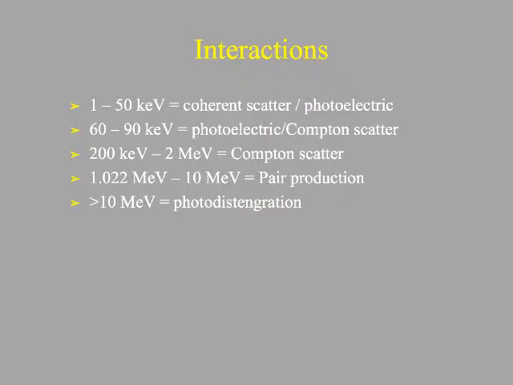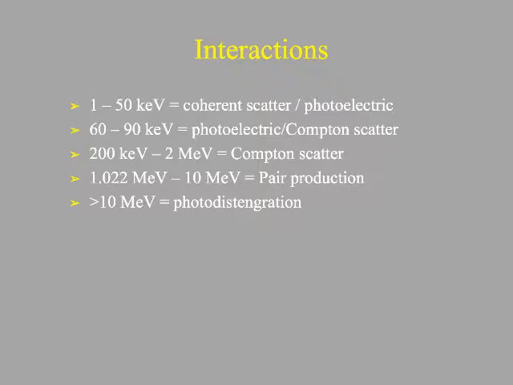So this may be helpful. This would be a review of physics here, but these are the various energy ranges, as well as the types of interactions we would expect to see at those energy ranges. At like 1 to 50 keV, most of what we have is coherent scatter and photoelectric effect.